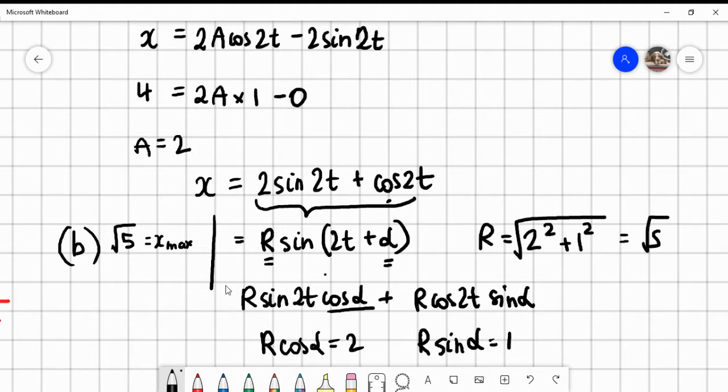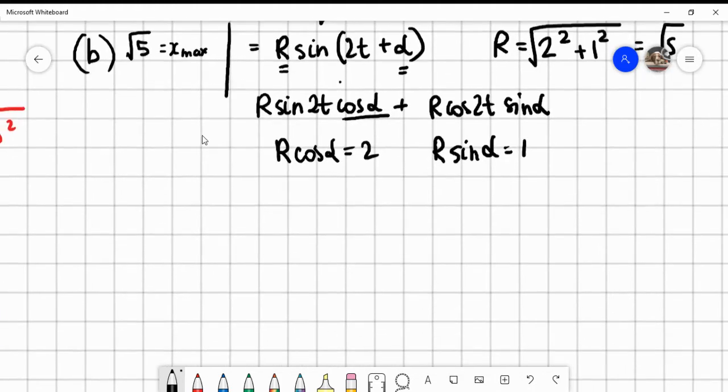Because we know r, you don't really need both of these, or you could use the tan method if you prefer, which I'm going to use. So tan alpha is going to be 1 over 2. That gives me alpha equal to 0.4636. So in case you need it, there you go.